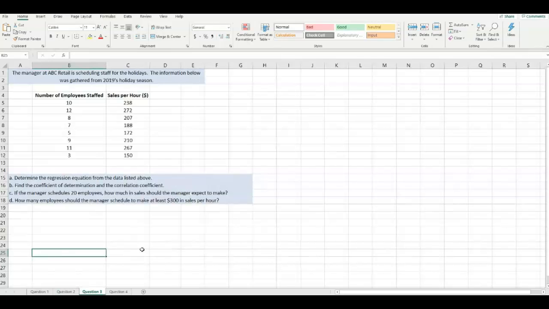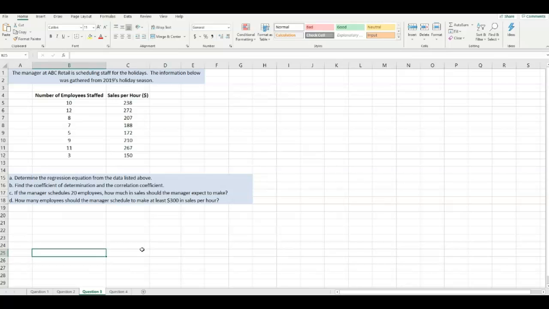Now, question number 3. Question number 3 says that the manager at ABC Retail is scheduling staff for the holidays. So the information below was gathered from the 2019 holiday season. We have the number of employees that were staffed, and then the sales per hour when those employees were staffed. So we have 4 different pieces that we need to find here.